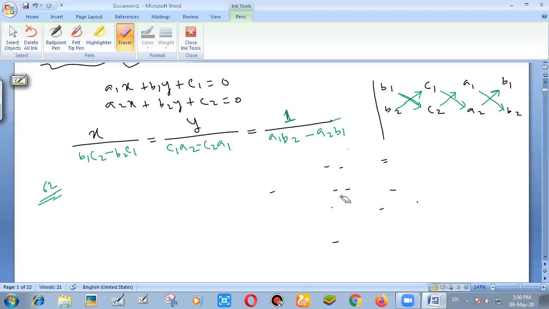So see question number 2 now. Write down the equation. 2x plus y equal to 5. So write down in the ax plus by plus c form.